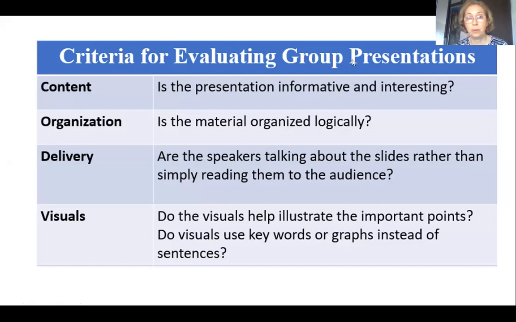What you like in this presentation, what you would recommend. So can we listen to an example? Yes, please.